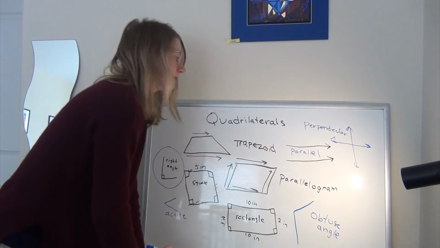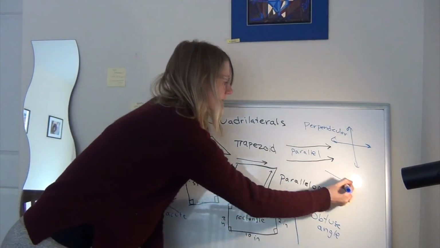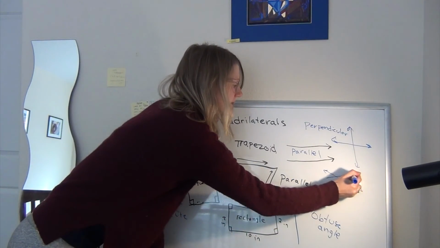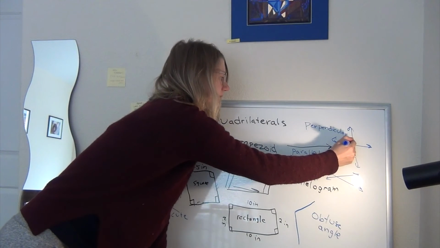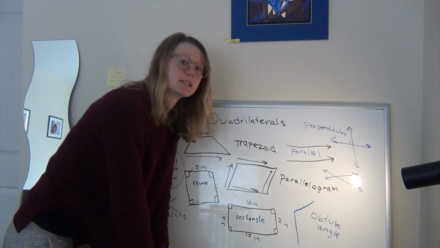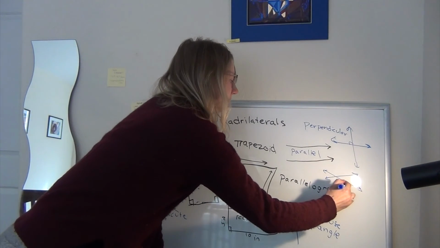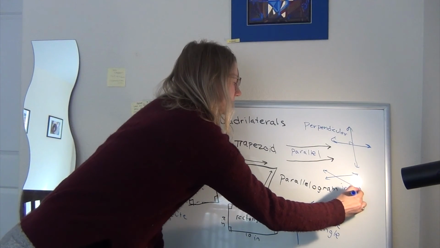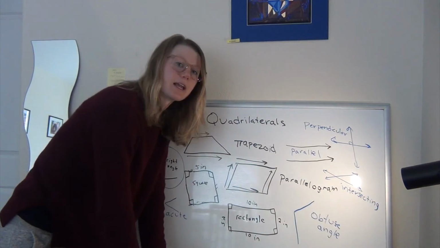Perpendicular. If they just cross in any way at all, like you're crossing like this, that's not perpendicular because it doesn't have a right angle. But it's called something. It's called intersecting because they crossed. Intersecting. Sorry, you probably can't read that.